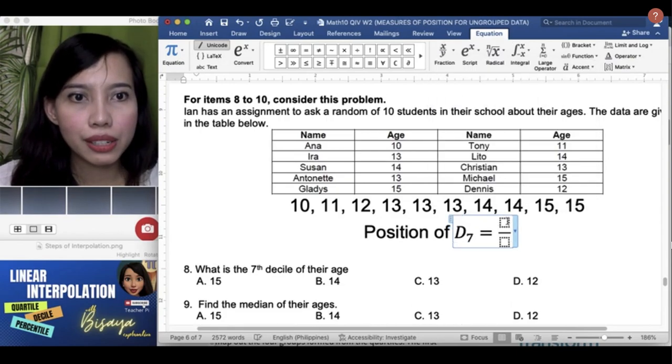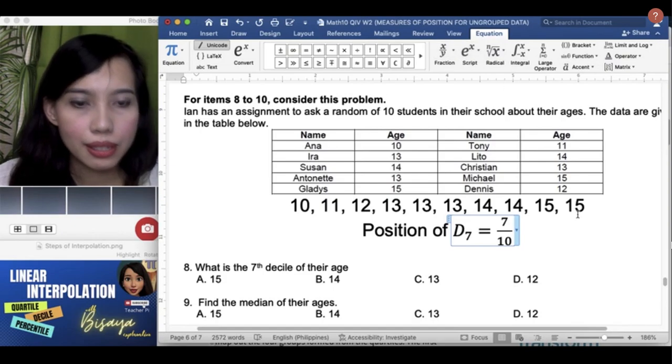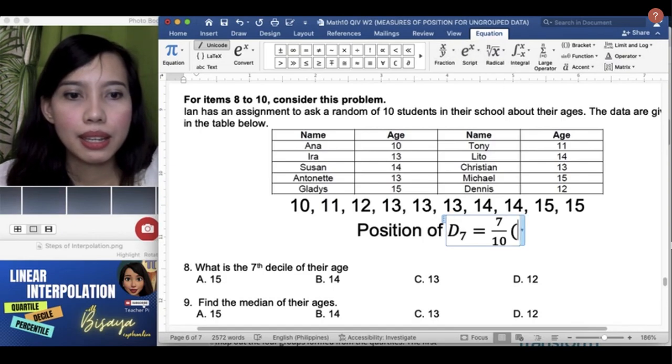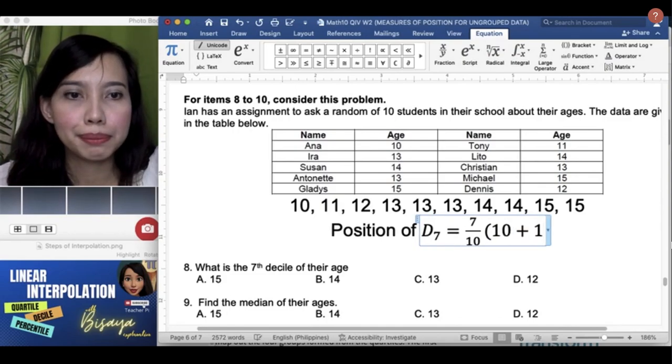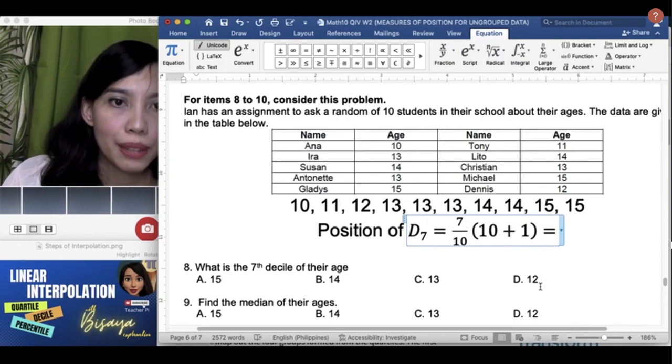Insert a fraction: 7 over 10 times n, where n is 10, since we have 10 students, plus 1. 10 plus 1.